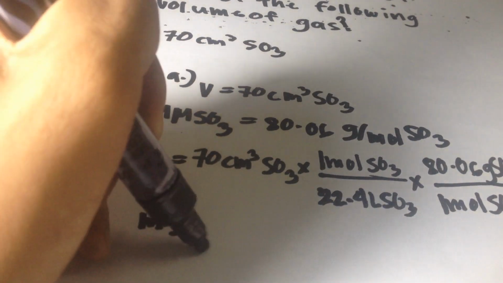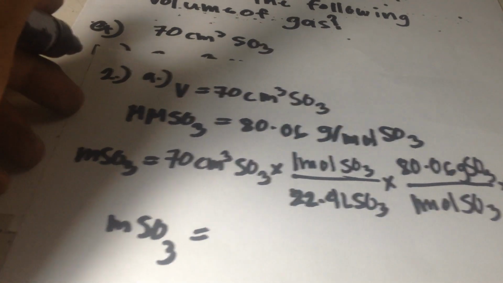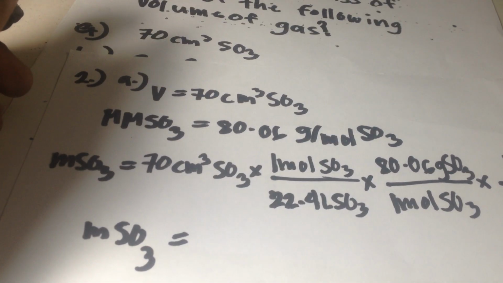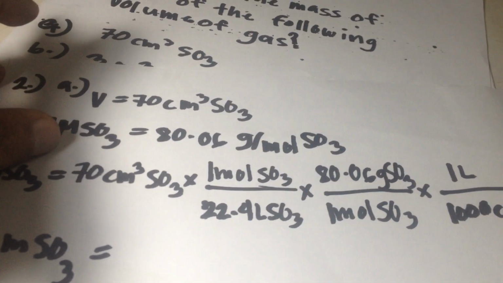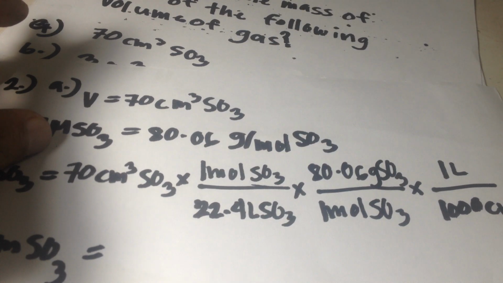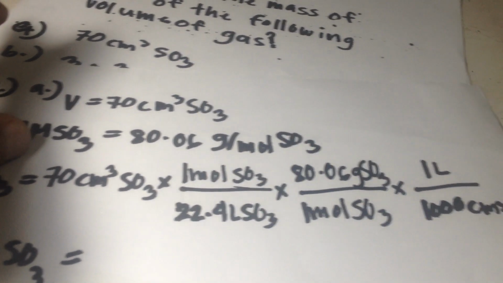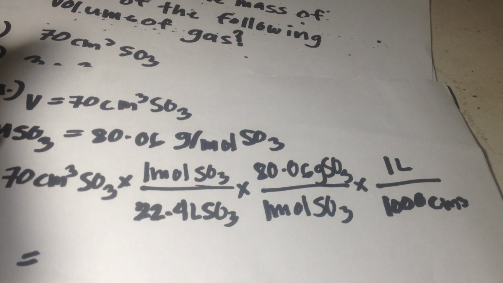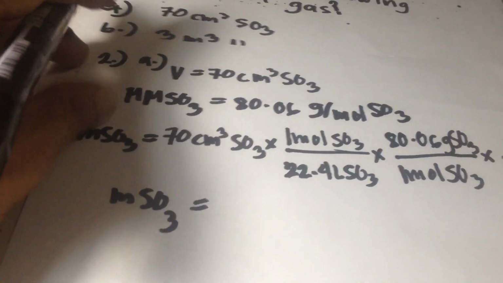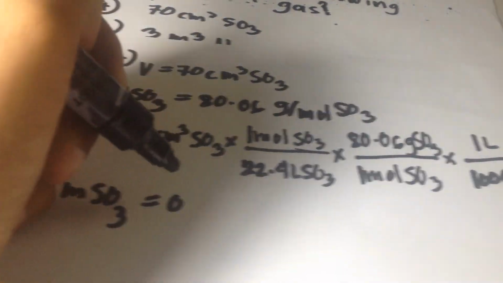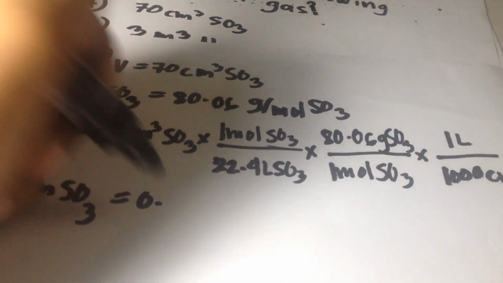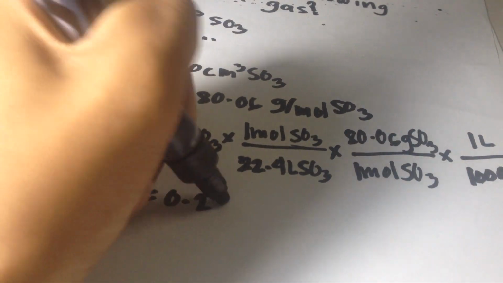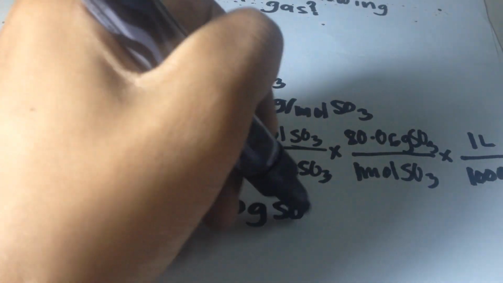So the mass of SO3 is equal to 70 divided by 22.4 times 80.06 times 1 over 1000, which equals 0.250 grams of SO3.